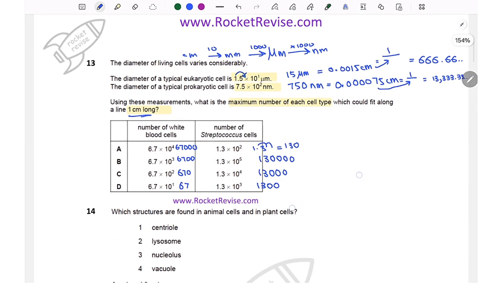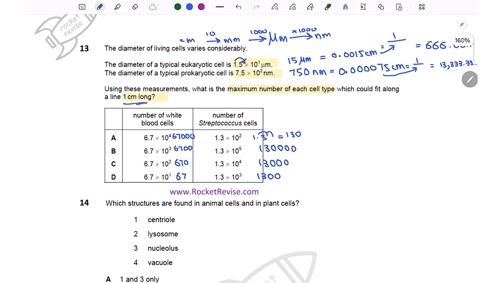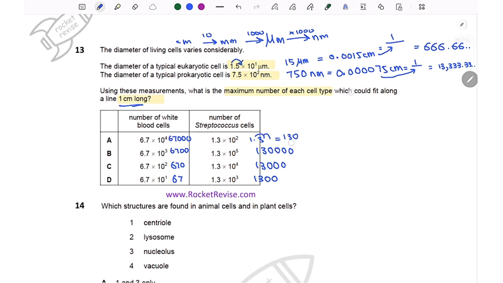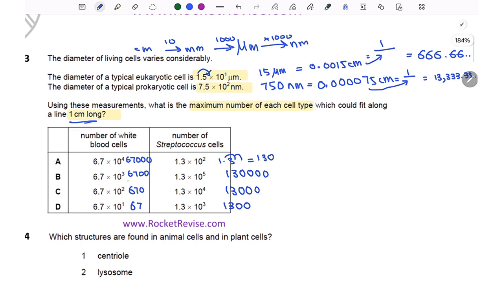Now let's just look at what's the right answer. So for number of white blood cells, this one. We got 666. That is close to 670 if you round it up.